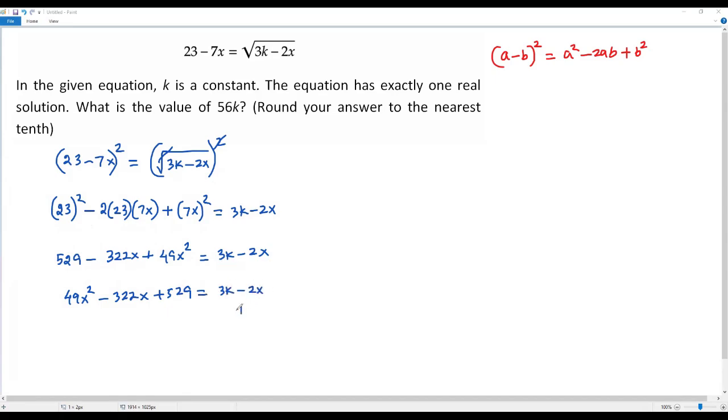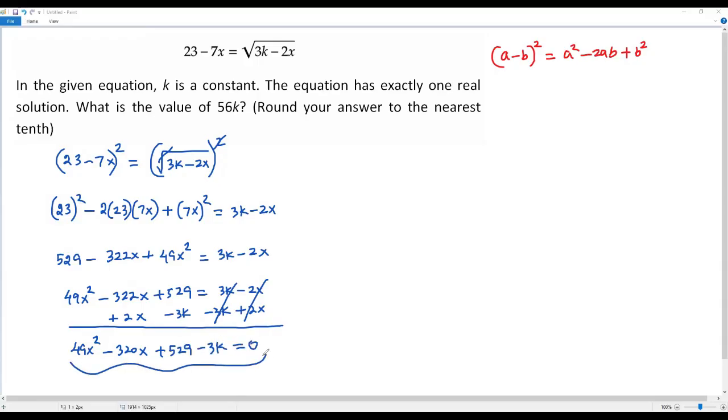Now let me add 2x to both sides of this equation, and also subtract 3k from both sides. Then the positive 3k and negative 3k cancel out, and negative 2x and positive 2x cancel out. I am getting 49x squared. When I combine the two x terms, I am getting minus 320x plus 529 minus 3k equals 0.